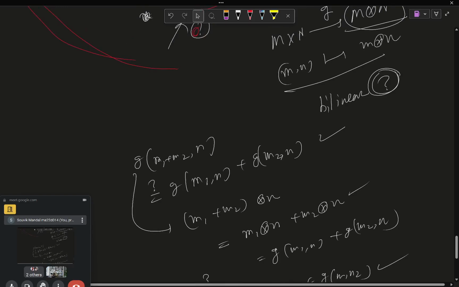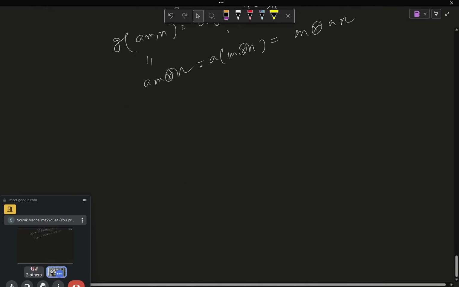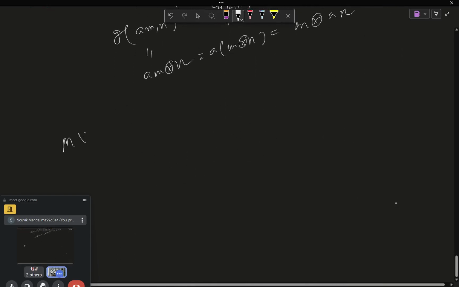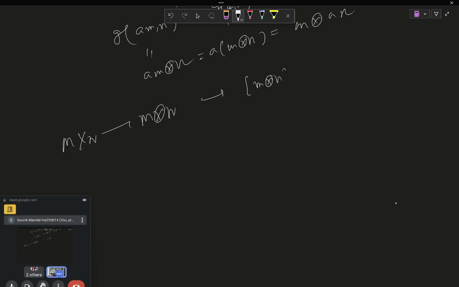So till now, what do we get? We have modules capital M and capital N, and we have constructed a new module M tensor N, which is generated by the elements of the form small m tensor small n.